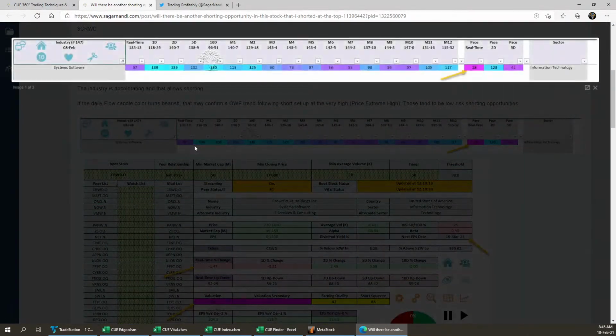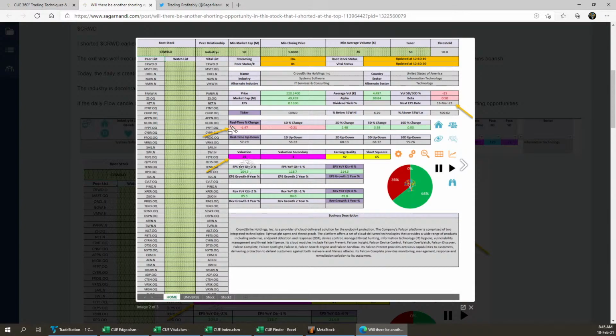Let's look at the 360 degrees plots, all unambiguous plots. Was showing deceleration. The industry score weakened substantially. CrowdStrike was down on that day.